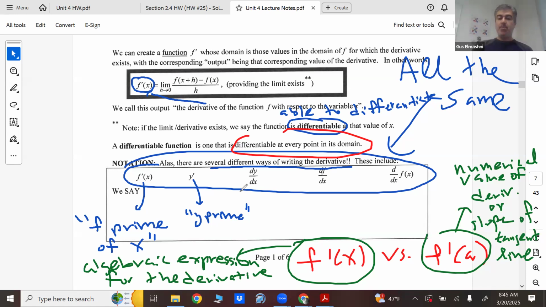So you've got f prime of x, y prime. Now this one here, I'm going to get incredibly phonetic: d y over d x.